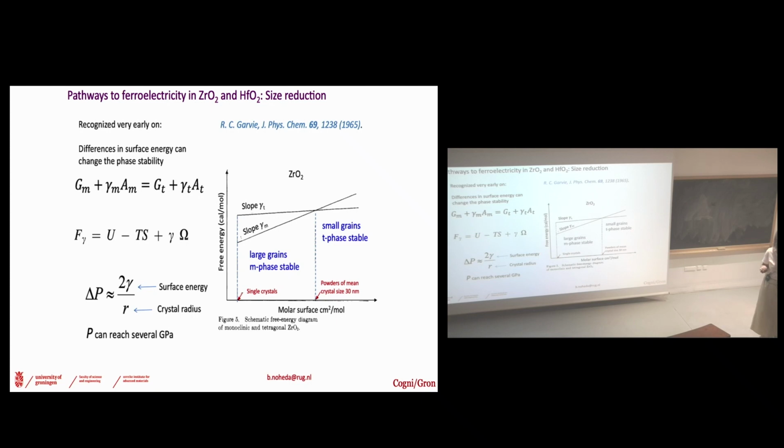And that's why this phase is available in thin films, but is not available in the bulk material, or more difficult to find. I don't know if you work on nanoparticles, but you may know that the material inside the nanoparticle experiences a kind of pressure due to the surface energy. The larger the surface energy, the larger the internal pressure in the nanoparticle, and the smaller the radius, the larger the internal pressure.